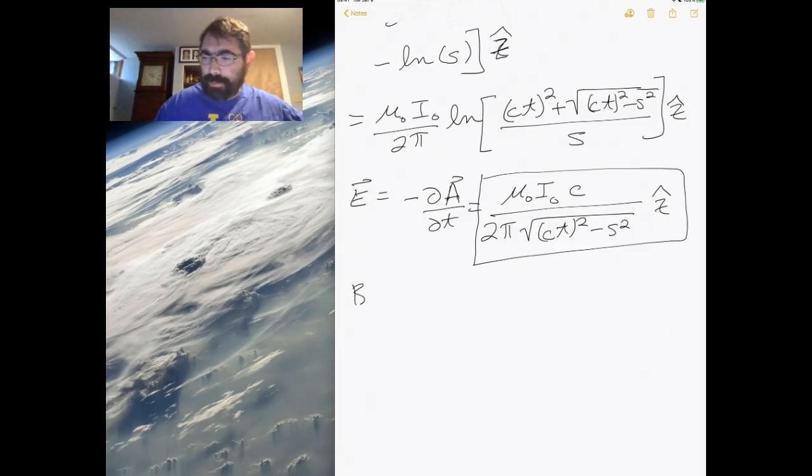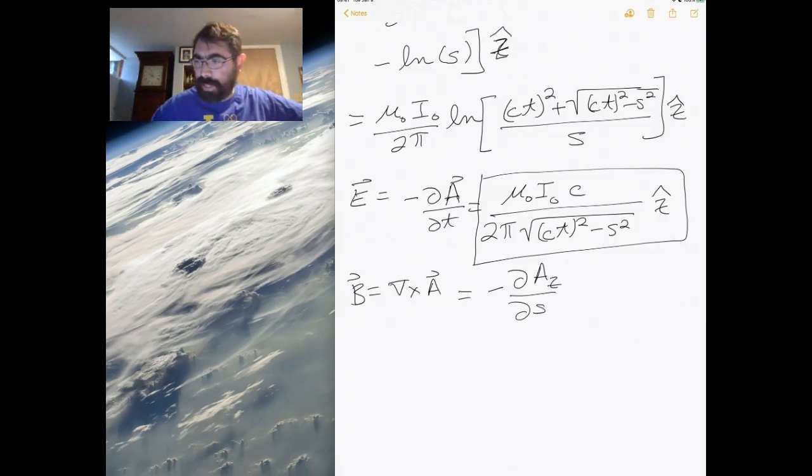For the magnetic field, you would have to take the curl of A. And when you do that, what we get is minus the derivative of A in the z direction with respect to s, in the phi direction. That's the only one, because A is only in the z direction. So when you take the curl, the only thing you get is this derivative of the z component of A with respect to s.